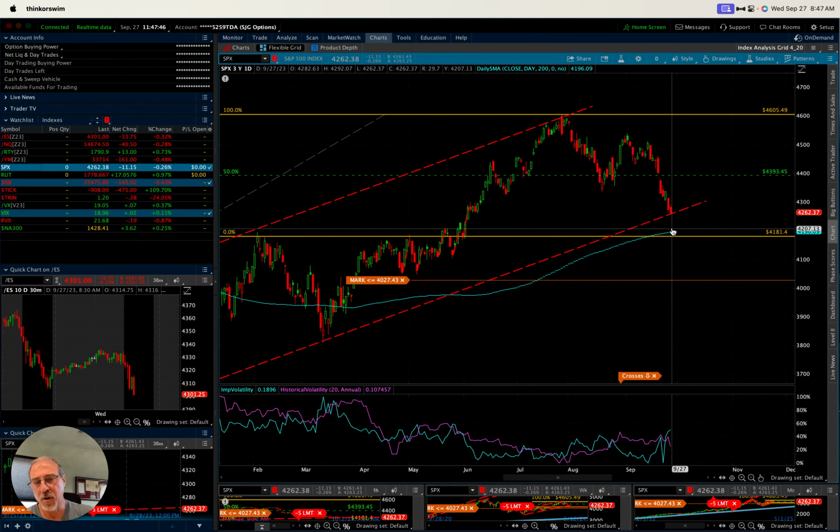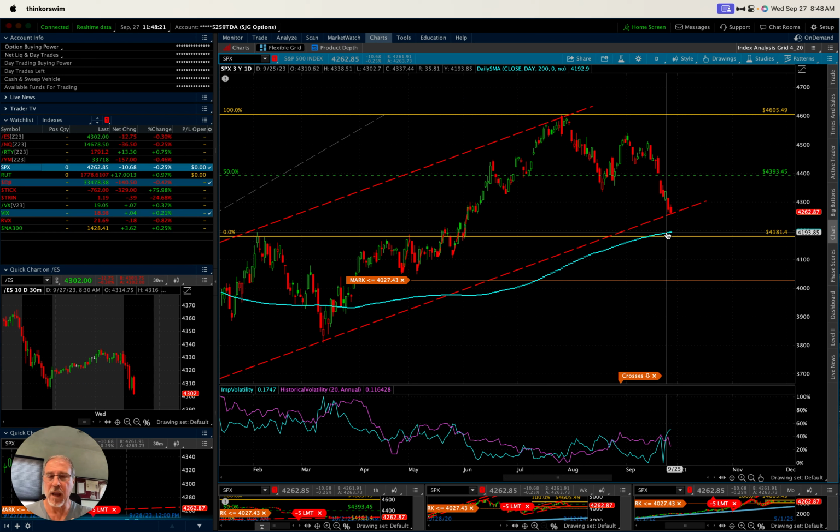And then there's a third thing that is, in my opinion, support. This blue line here is the 200-day simple moving average. Now, the 200-day simple moving average is something that for many, many years has been used by institutions. It's kind of a back up the truck sort of timing that when the markets get down to that 200-day simple moving average, that's often a time that institutions start to look at buying, and buying in some significant size.